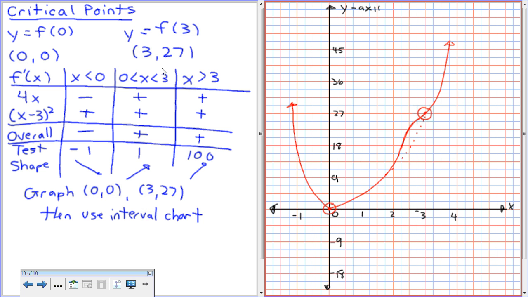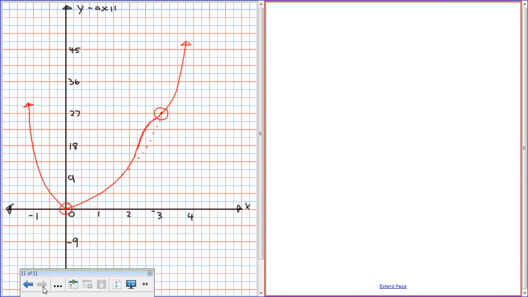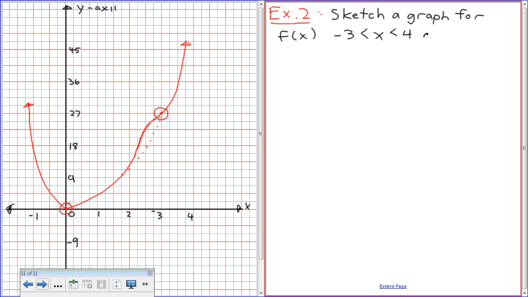Okay. Example 2. Somebody have a watch, please? It is 9:56. You can't tell me that it's wrong. How do you know it's right? My watch is broken, so I can't tell.